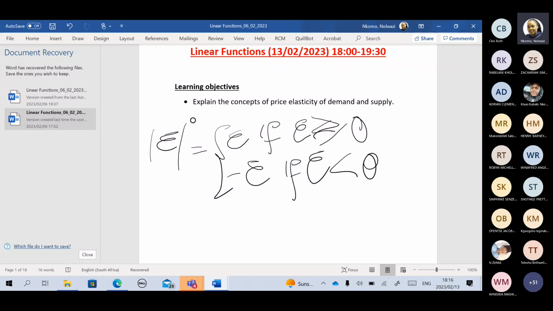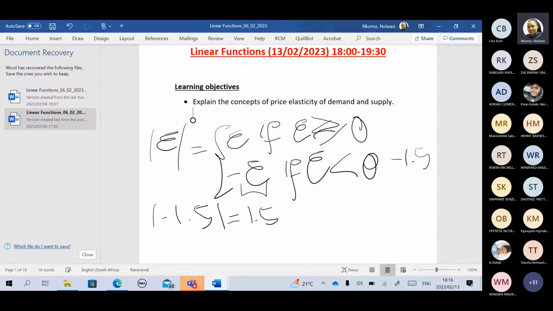This means if you calculate the elasticity of demand and you get a negative value, let's say for example minus 1.5, the absolute value of minus 1.5 is equal to 1.5.